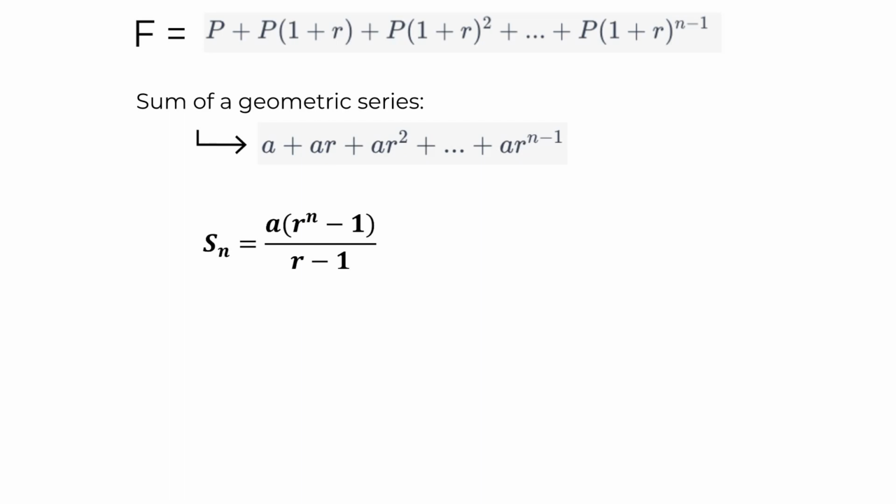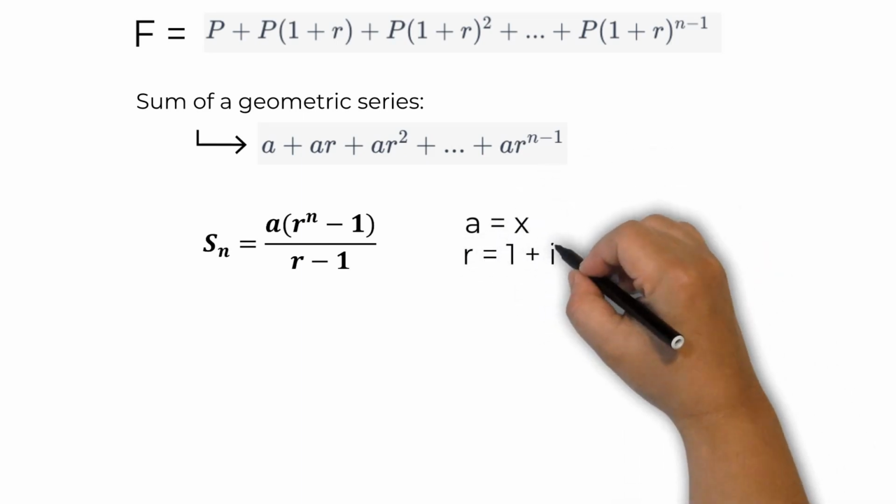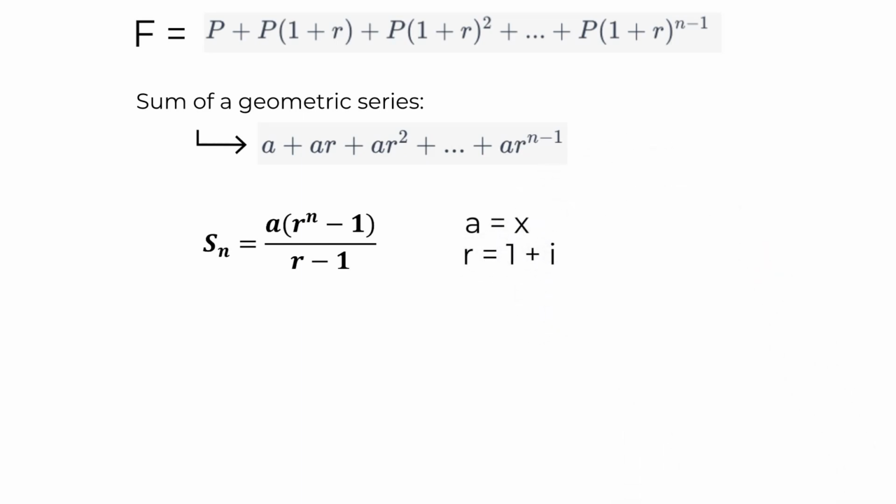Now let's relate the annuity problem to the geometric series. In our annuity scenario, a will be equal to x and r will be equal to 1 + I. Now remember, I represents the interest rate.